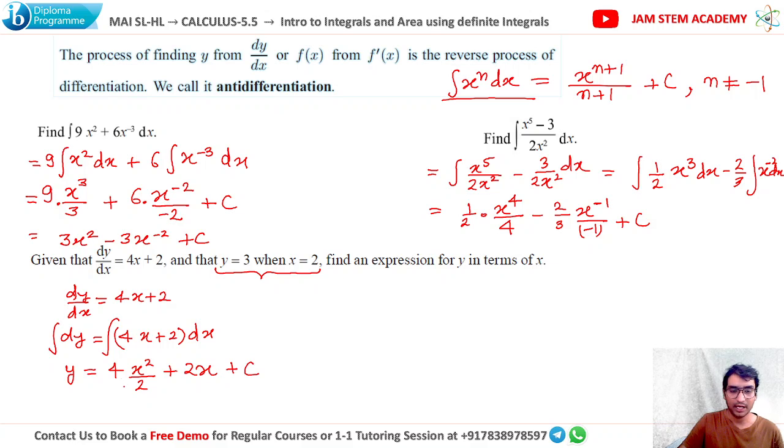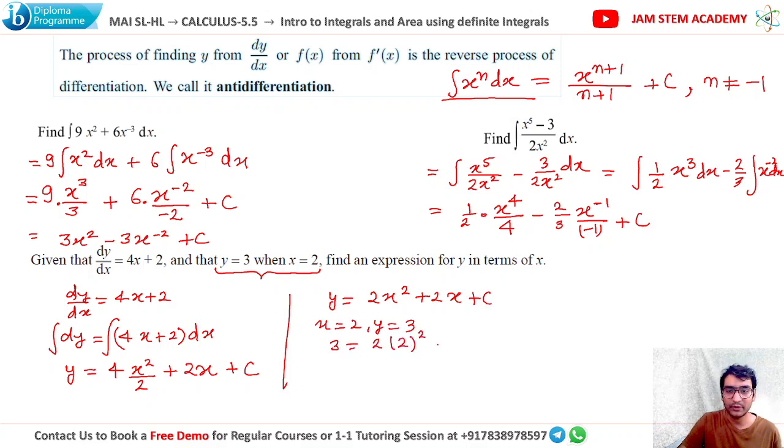Now our curve passes through (2, 3). So from here I'm getting the value of y with the constant of integration as 2x squared plus 2x plus c. Now you can put x equals 2 and y equals 3 here to get the c value. So 3 equals 2 times 2 squared plus 2 times 2 plus c.